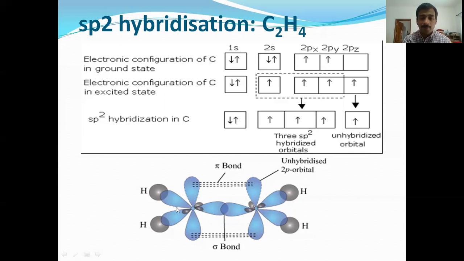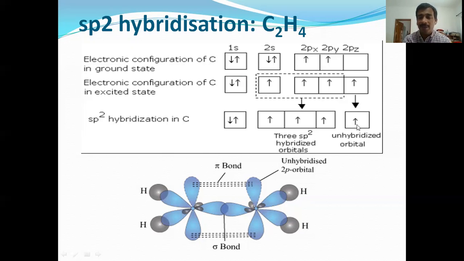1, 2, 3. These two sp2 hybridized orbitals overlap linearly to form a sigma bond, carbon-carbon sigma bond. Here the 1s orbital of hydrogen and sp2 hybrid orbital of carbon overlap to form another sigma bond, CH sigma bond, CH sigma bond, CH sigma bond, CH sigma bond.